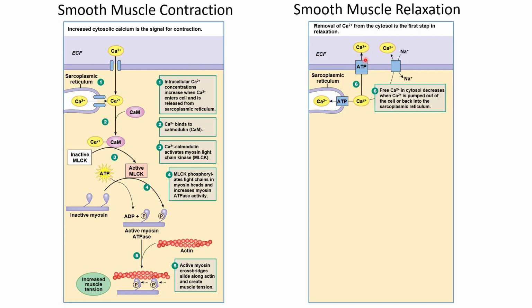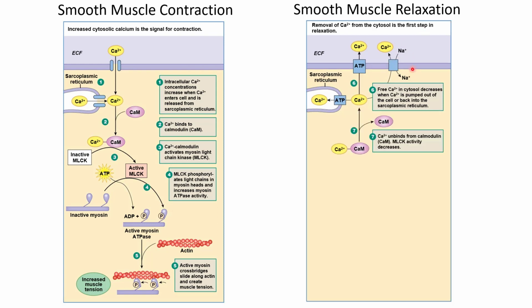And when we do that, and we're pumping calcium out this way using a primary calcium transporter, we then have to rely on restoring our membrane potential. And so we need to use a sodium calcium symporter to restore that.